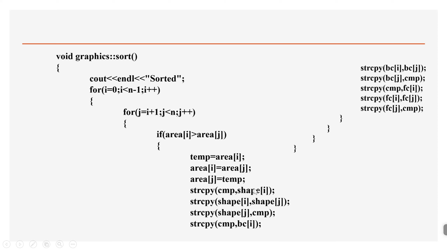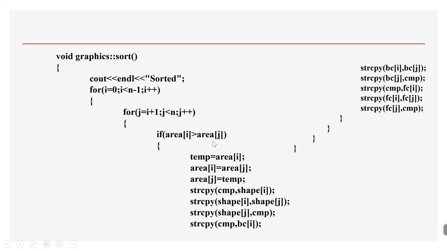The same thing is used for changing the shapes also. See, these three statements are used to swap the area. These three are used to swap the shape. These three are used to swap the background color. These three are used to swap the foreground color if it is greater.